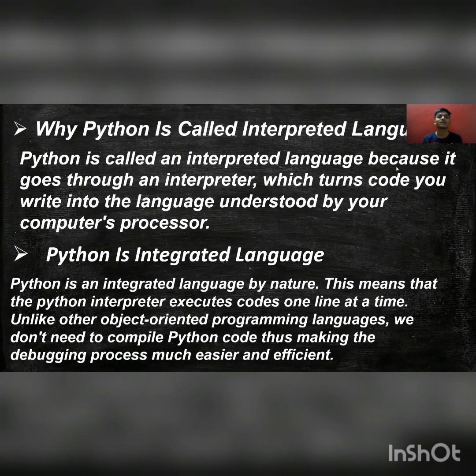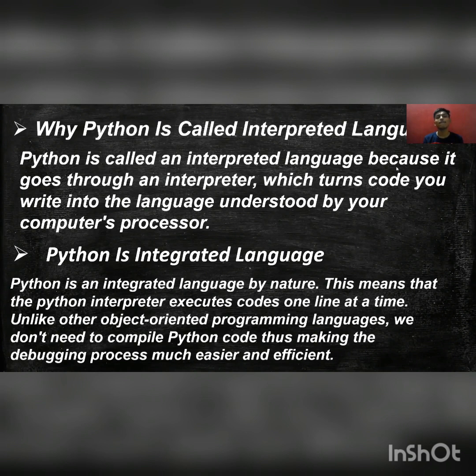Next, Python is also called an integrated language. Why? Because Python is an interpreted language by nature. This means that the Python interpreter executes code one line at a time, unlike other object-oriented programming languages.